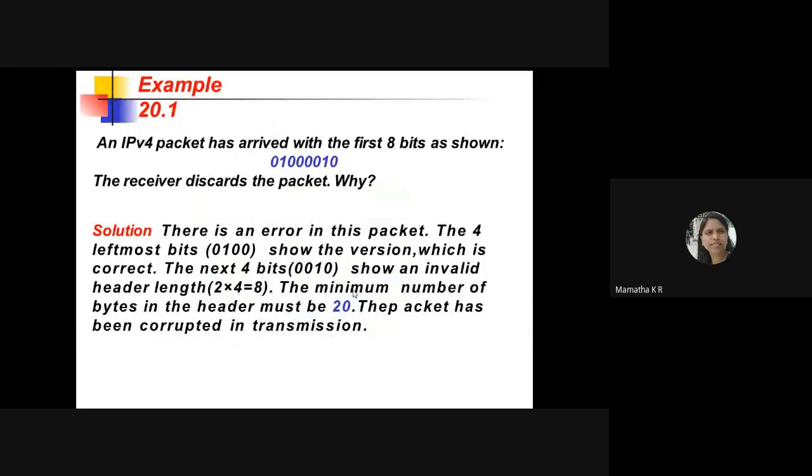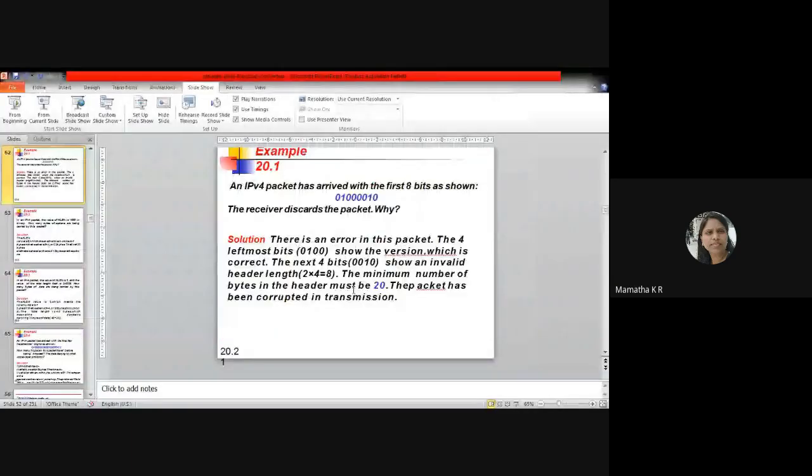Okay, now one problem we will do so that you will understand. So what is this problem? An IPv4 packet has arrived with the first 8 bits as shown here, 0100 followed by 0010. So the first 8 bits are shown.